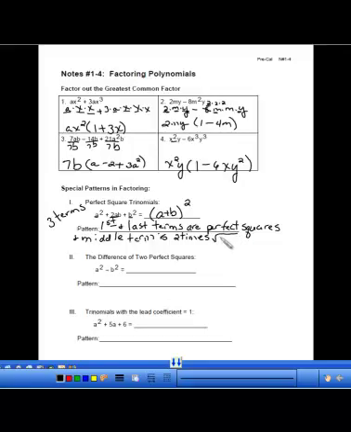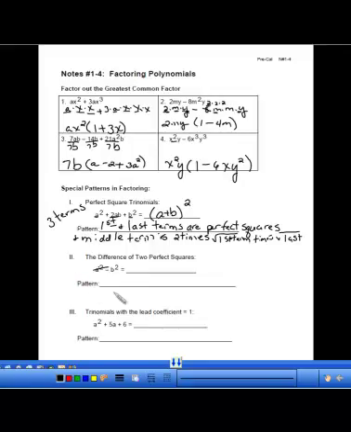The square root of the first term, okay, times the square root of the last term. Okay.